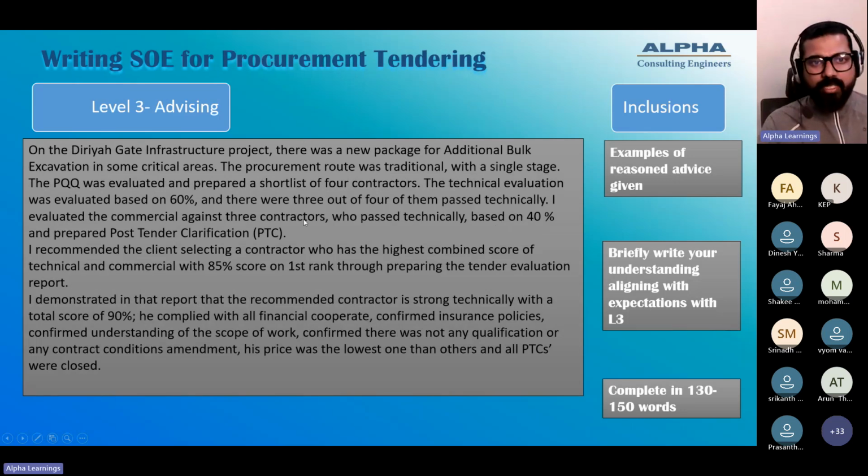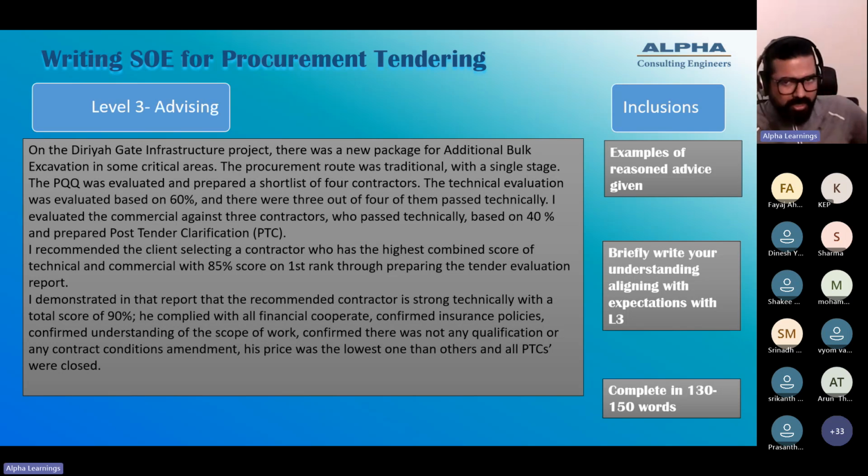So this is one piece of advice given on procurement and tendering, right? Specifically mention the name of the project where you have done it. What advice you have given, and your advice should be backed by some reasoning or logic. So writing level 3 should be in such a way.